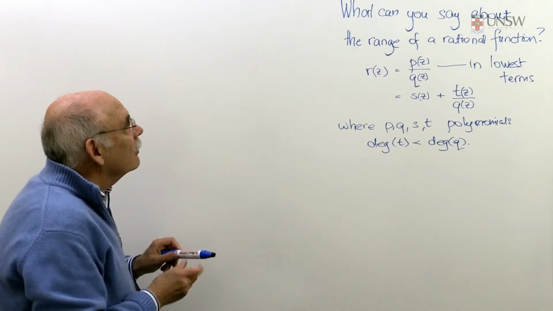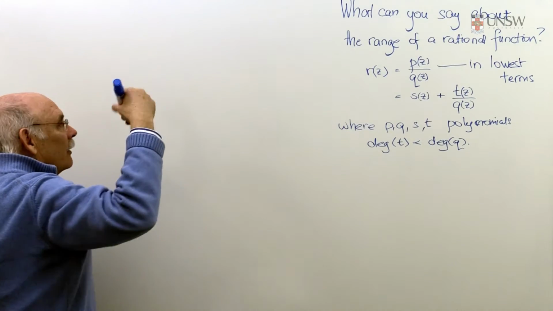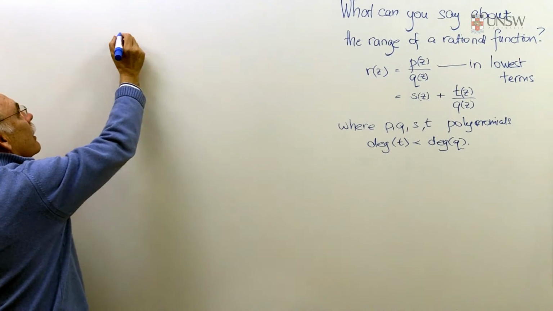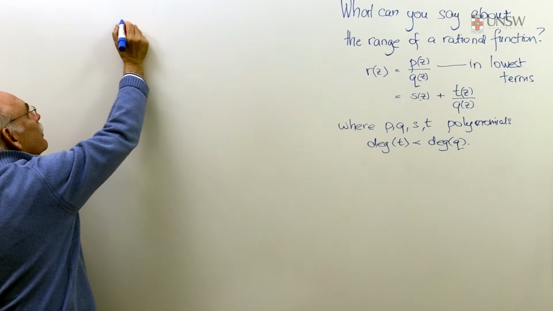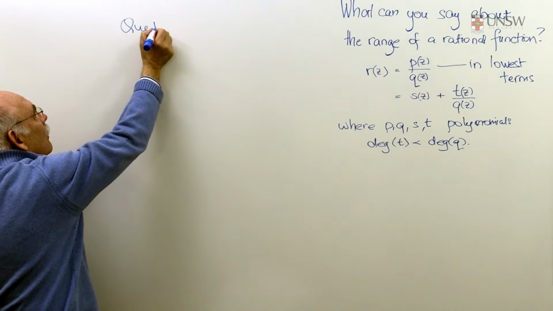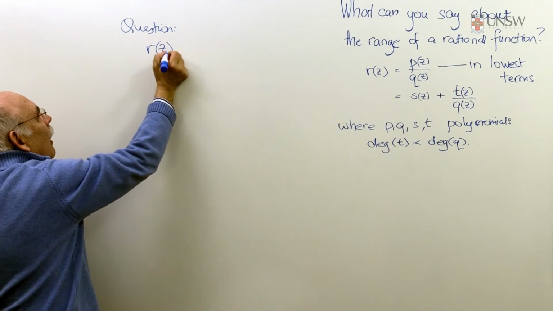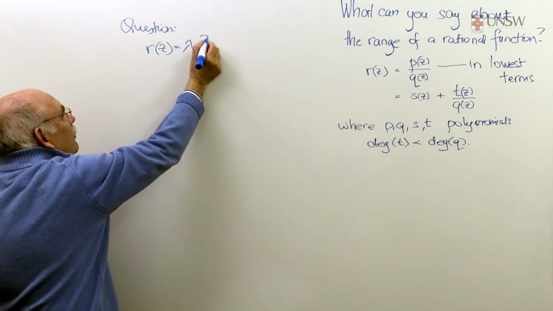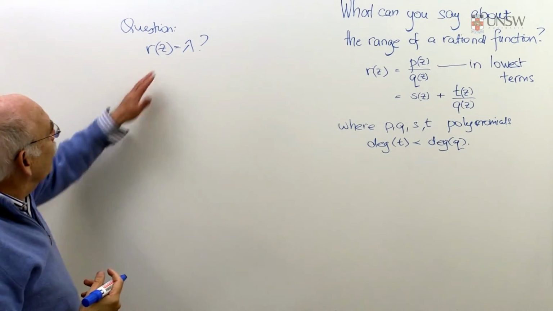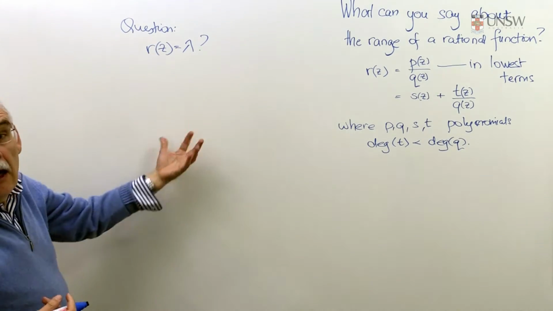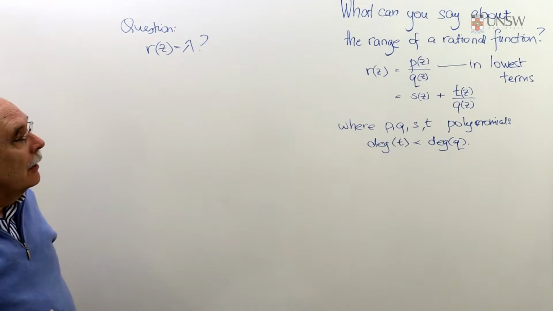Well, the range of a rational function is the values that it can take. So we ask a question: can we solve r of z equals lambda? If we can solve this, then lambda is in the range, and if we can't, lambda is not in the range.